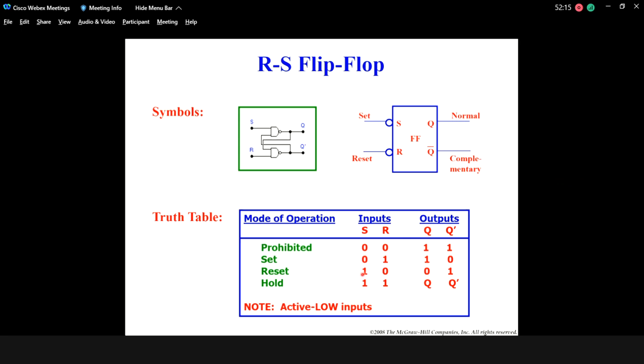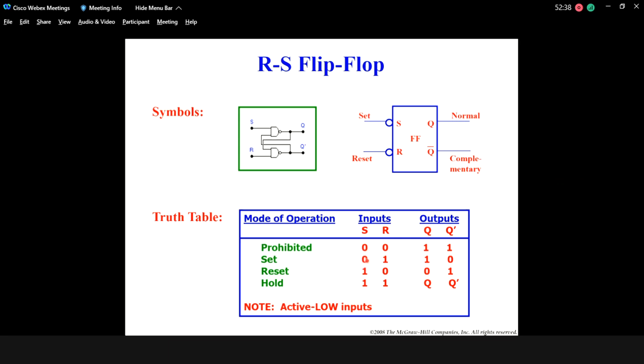In the reset condition, S is 1, R is 0, and then Q will become 0. In the hold position, it means that Q will remain the same as the previous Q, when we give both 1, 1.